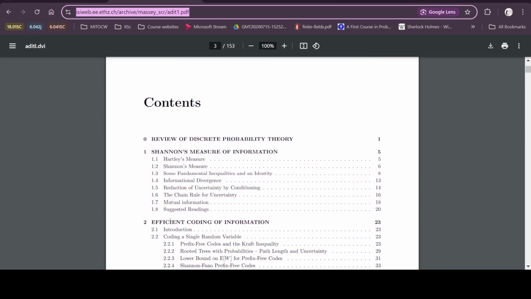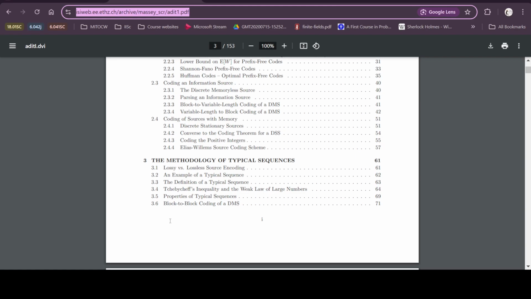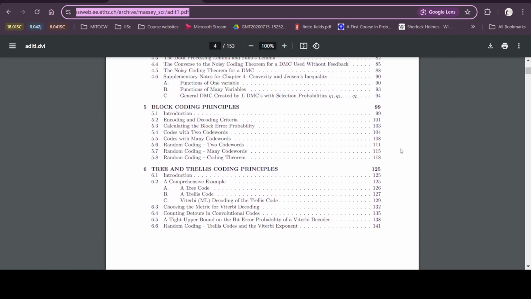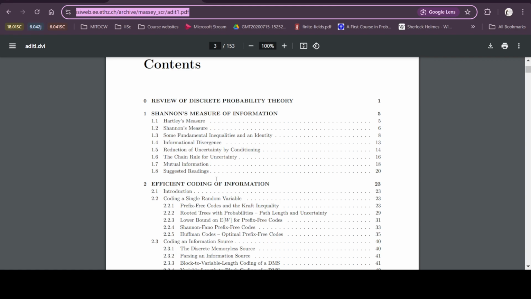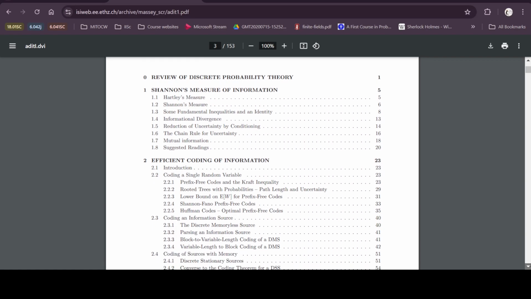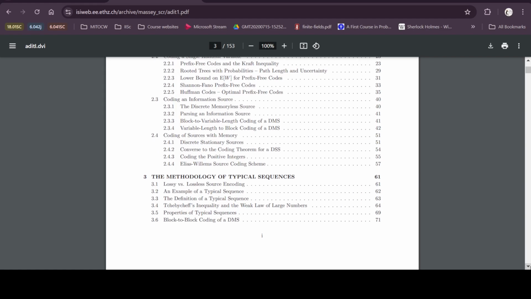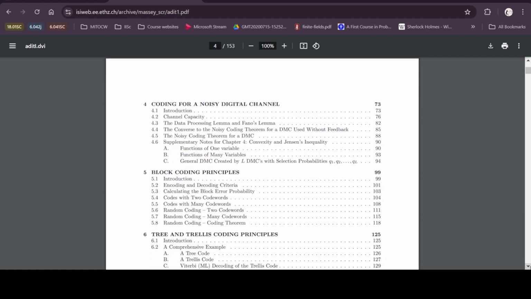Some of the topics might be a bit different from what I'm going to teach, and they might be in different orders, and some of the notations might be different. Rather than that, this is also good.